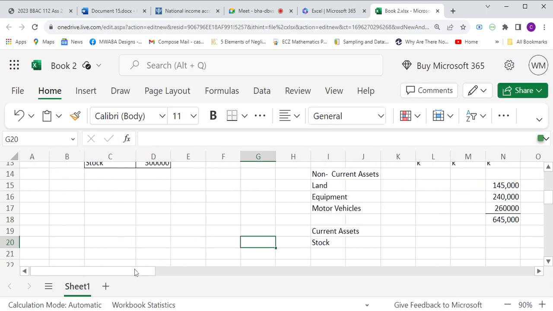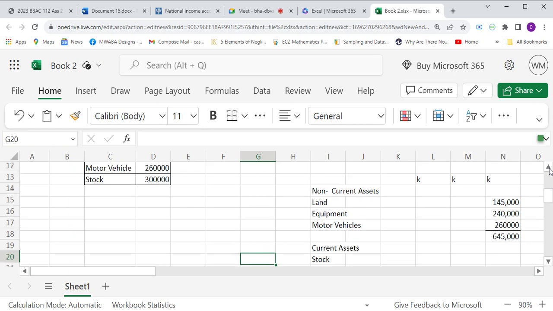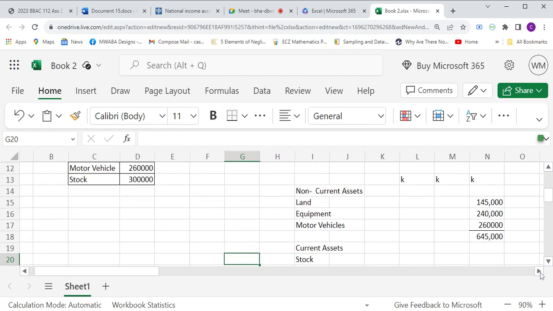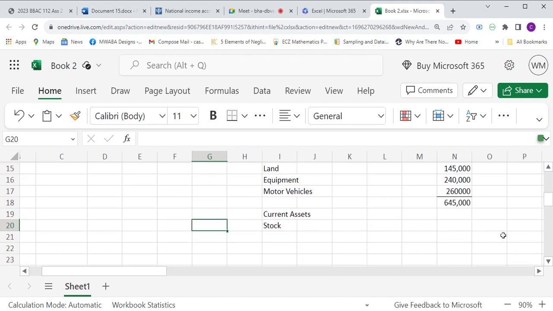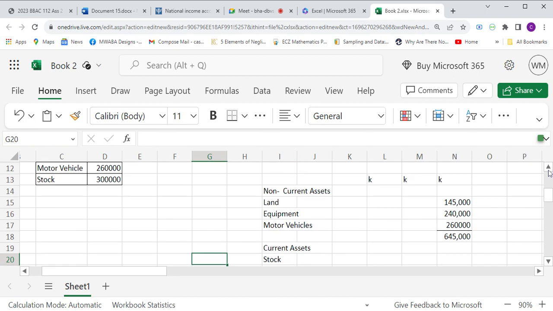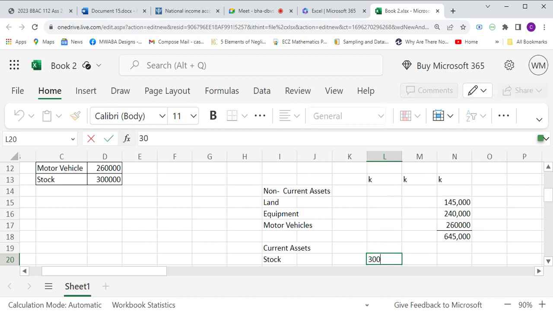What's the value of the stock? That is 300,000. So you put this in the first column where there are the kwacha symbols.